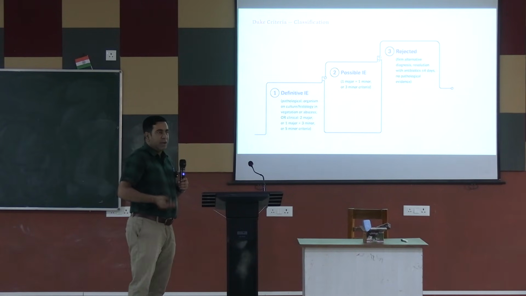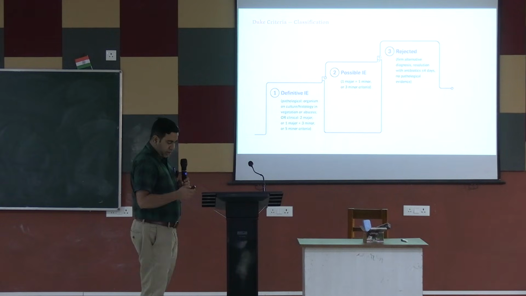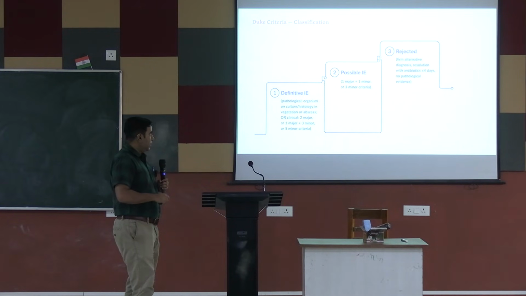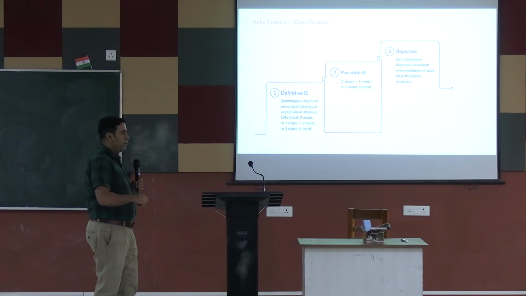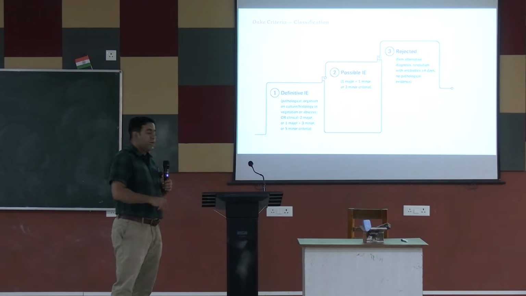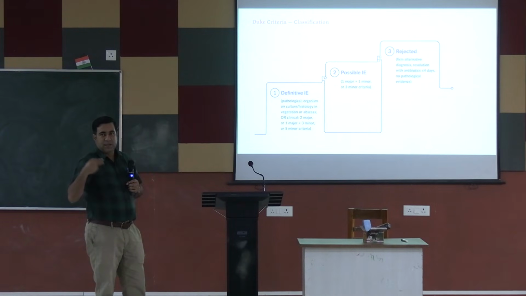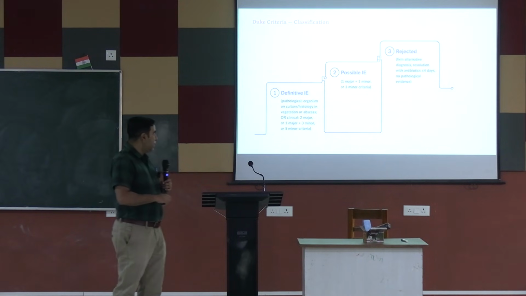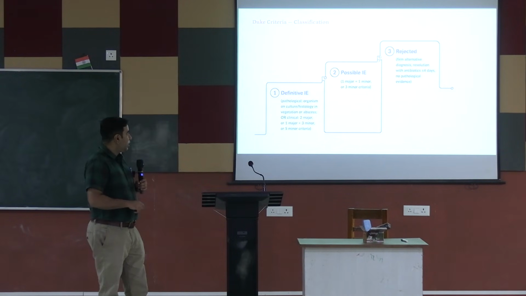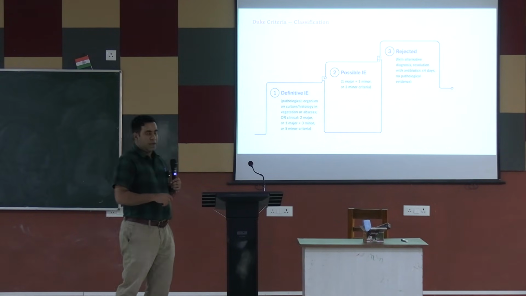We start antibiotics and within 4 days the fever has gone and the patient is well. Then our diagnosis is probably wrong. So definitive is 2 major, or 1 major plus 3 minor, or all 5 minor. This is definitive, confirmed endocarditis. Possible infective endocarditis is 3 minor or 1 major plus 1 minor.